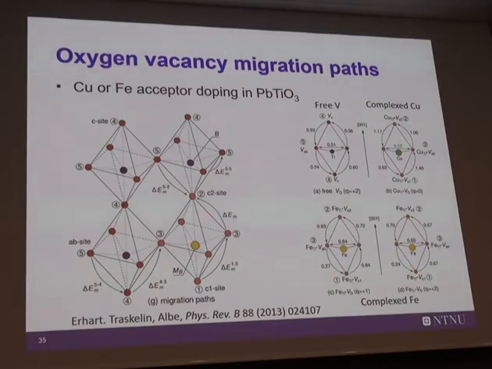But then if you introduce this acceptor doping, they did it for both copper, which is one of the acceptor dopants well known in the literature for PZT and barium titanate, and also for iron. And they also played with the charge of the oxygen vacancy. You can also do charge plus 2 and plus 1 in this case, at least you can do that in DFT.